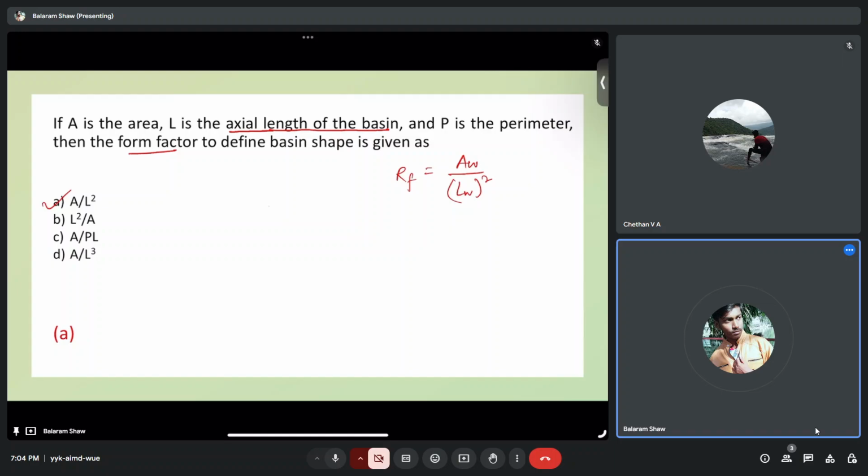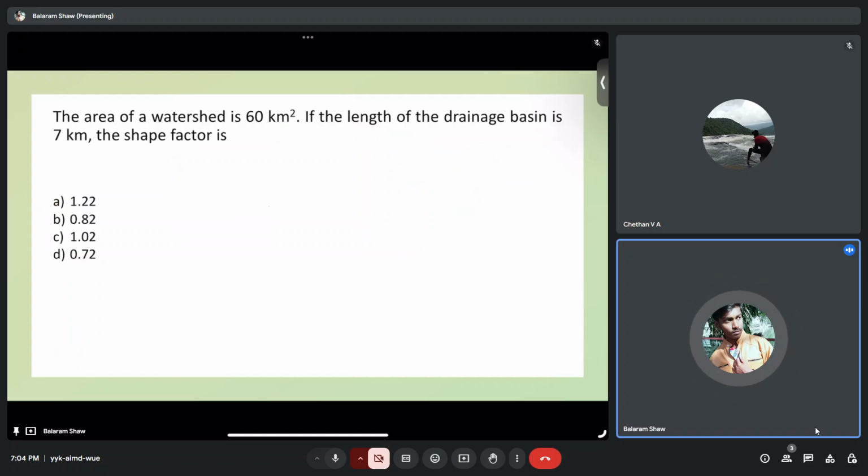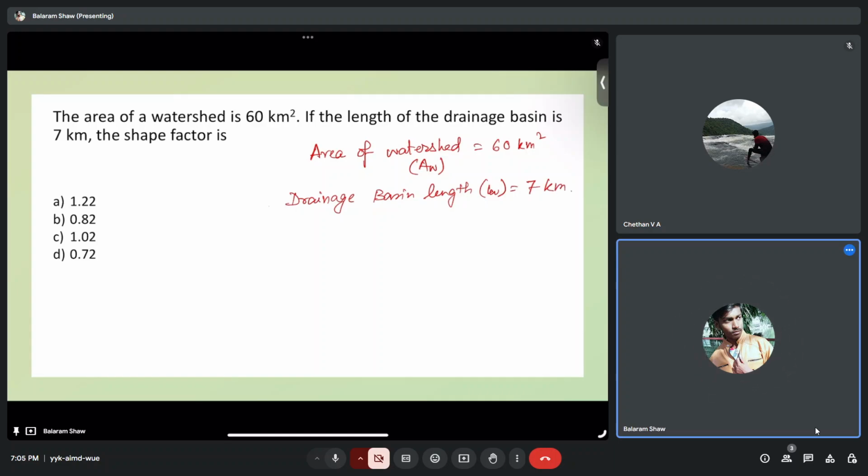Okay, so the next question is, the area of a watershed is 60 kilometers square. If the length of the drainage basin is 7 kilometers, so we have area of watershed AW as 60 kilometers square, and drainage basin length LW as 7 kilometers, what will be the shape factor?